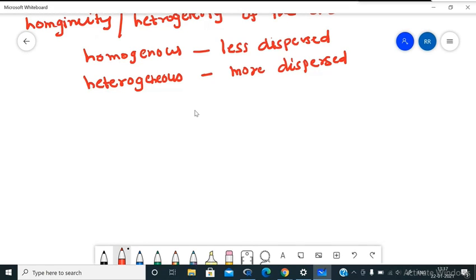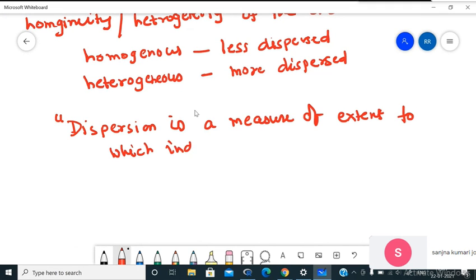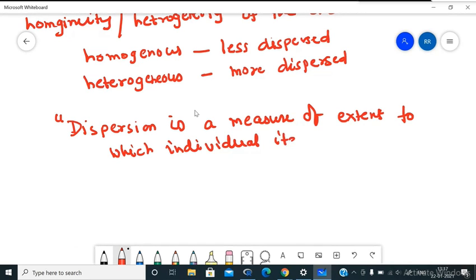There is a definition by L.R. Connor. Dispersion is a measure of the extent to which individual items vary.